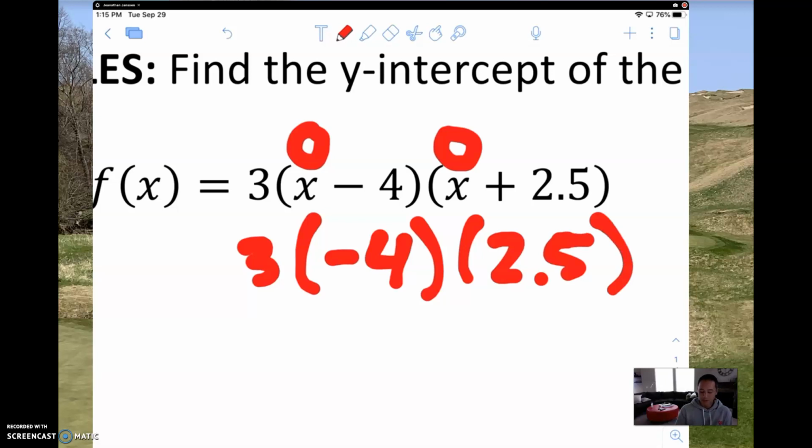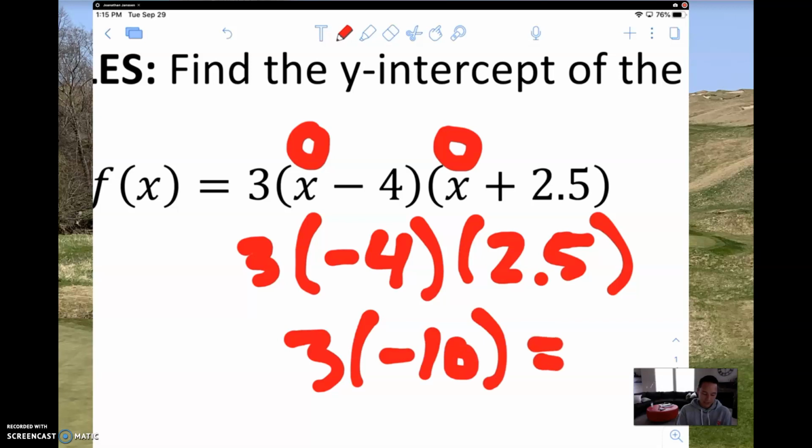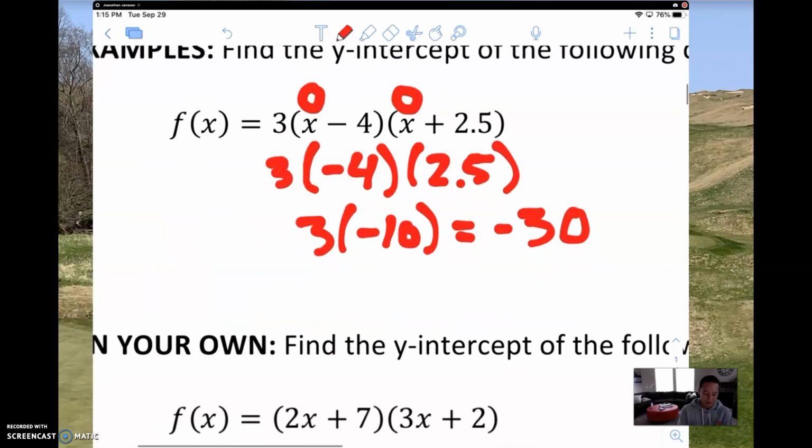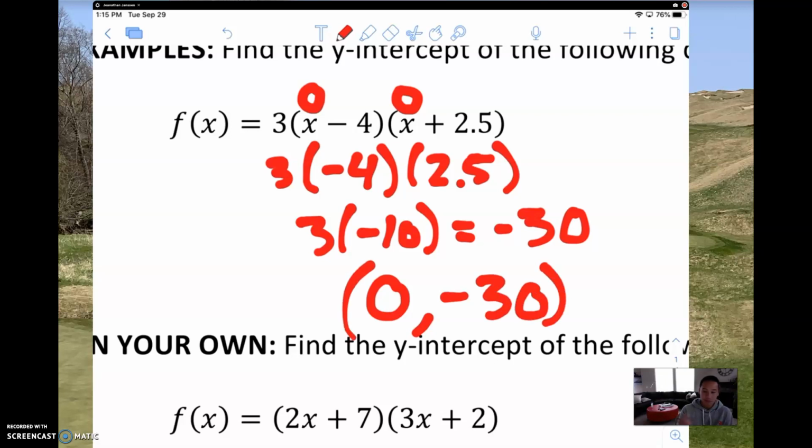And then we can multiply all of these together. I kind of prefer to do the ones on the right, because negative 4 times 2.5 gives you negative 10. And 3 times negative 10 is negative 30. And there's your y-intercept. I'd prefer you write it as a coordinate. So (0, -30) is your y-intercept.